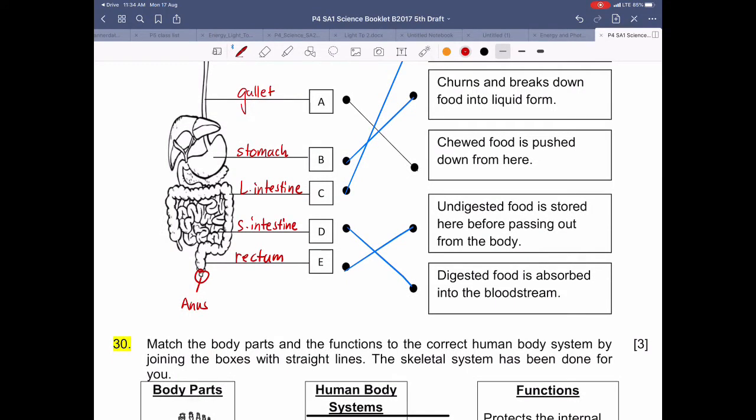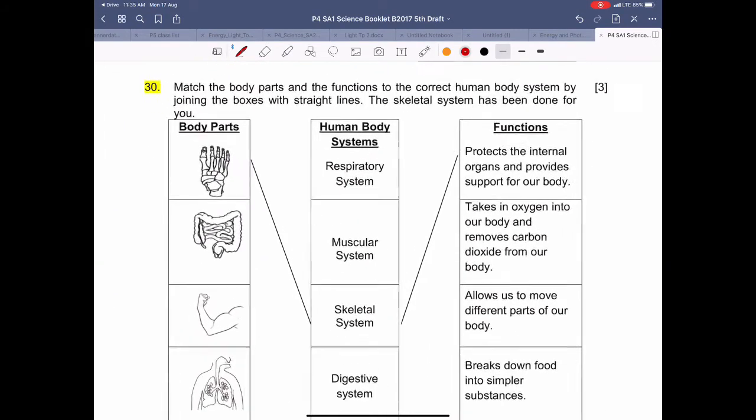You can use pen or pencil, up to you. Okay, we have to go on already. So anything that you missed, please watch the video and then copy it later on. In 3, 2, and 1. Next.